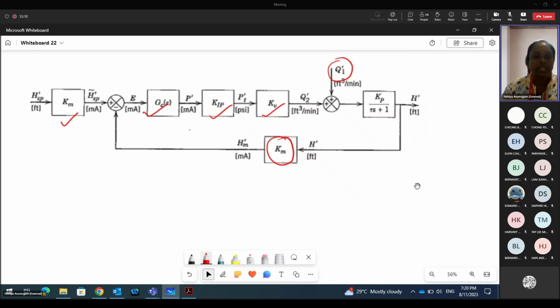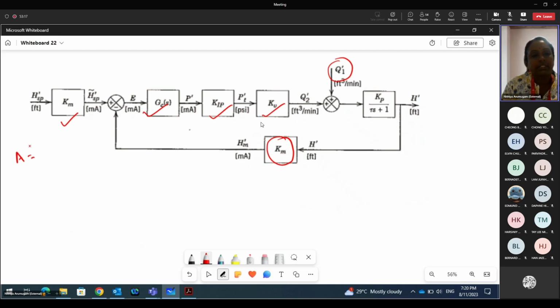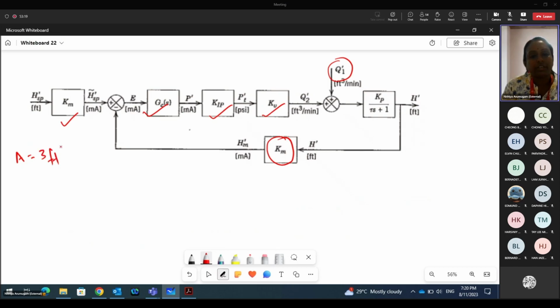Okay. So here the information given in the question, we have a P control system. Area is given as 3 feet square. R given as 1.0 minute per feet square. KIP 1 PSI per milliampere.